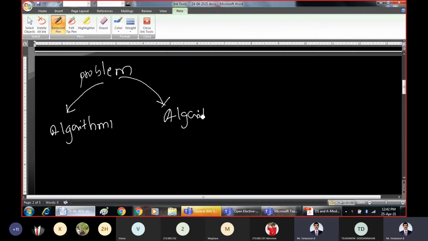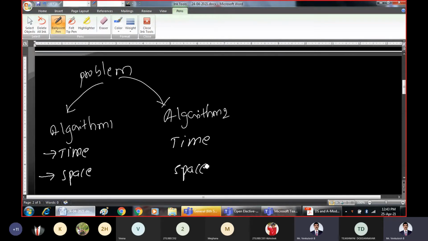Say, for example, some problem is given to you and you can develop different algorithms for that. This is algorithm 1 and this is algorithm 2. So say for the given problem, you have written 2 algorithms. Then among these 2, which one should be selected? You decide based on the time and space consumed by the algorithm.